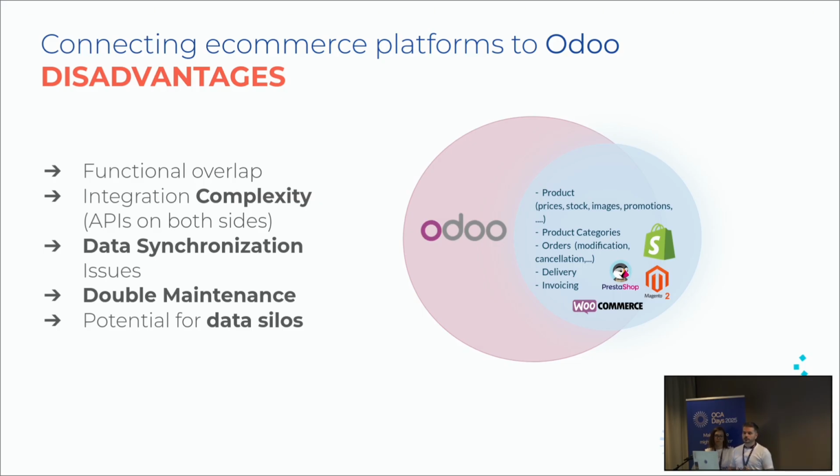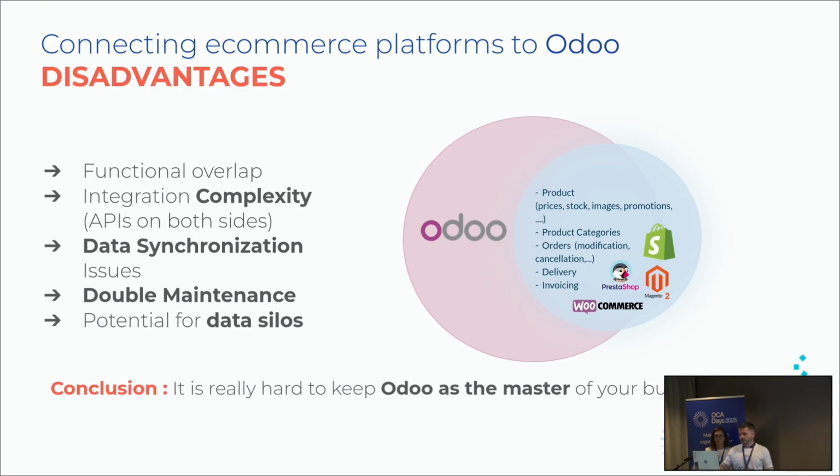So we have to create a bridge between both sides, and add complexity to our system. When we have to remove a customer, for example, if a customer asks to remove all personal data, we have to do this on both sides, so it's more complex.